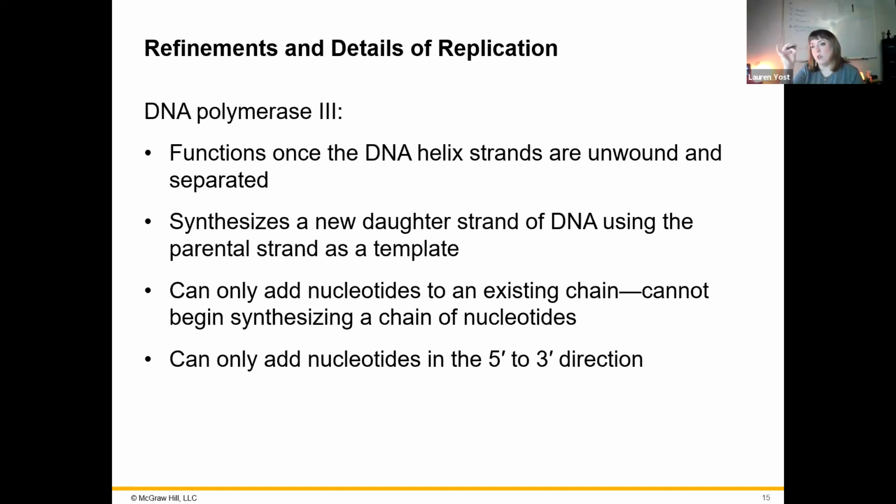So that's going to use the parent strand as the template, adding on the appropriate nucleotides, A to T, G to C, can't say it enough. And it can only add, again, to an existing chain. So that's why we have to have primers there in the beginning. And it can only add in the 5' to 3' direction. So this is going to cause a problem, right? We're going to see why in a moment.